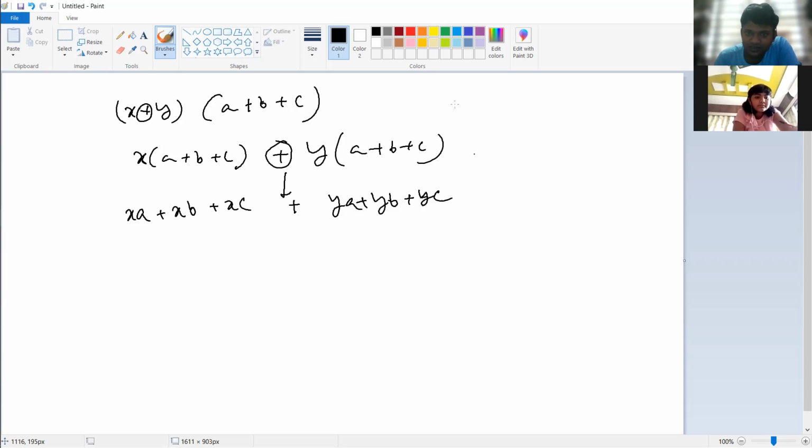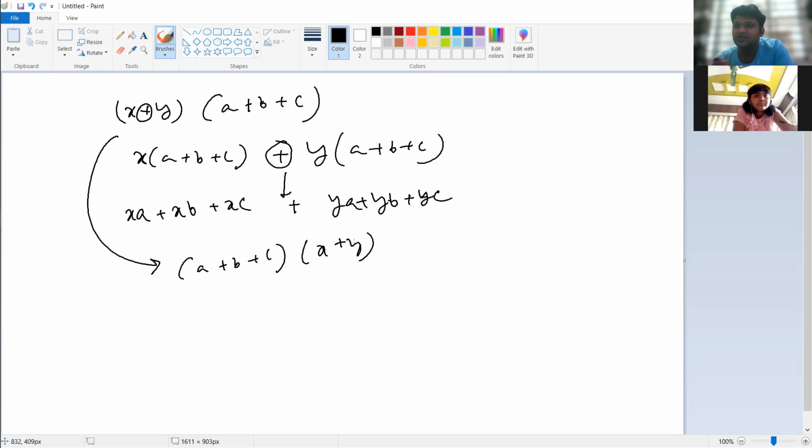That is the one, and there is another possibility. Suppose I am taking a plus b plus c first and x plus y second. The multiplication will be the same, obviously. Whatever the value of a plus b plus c, if I add them there will be one value, and if I add x plus y there will again be one value. Those values are constant.